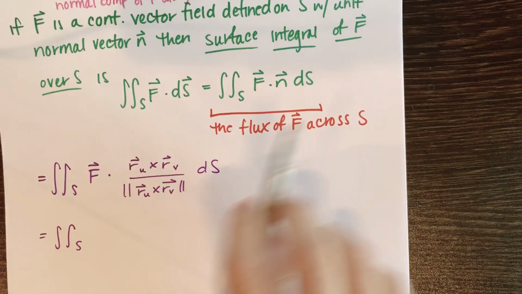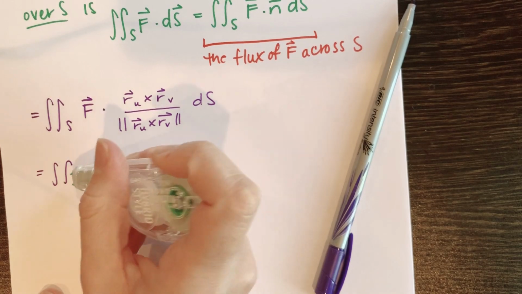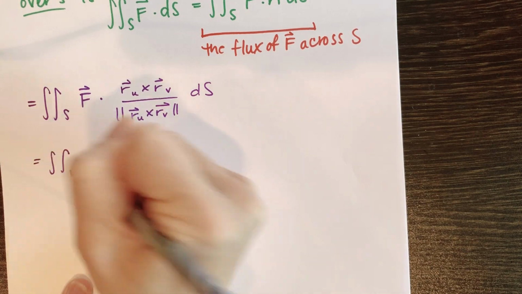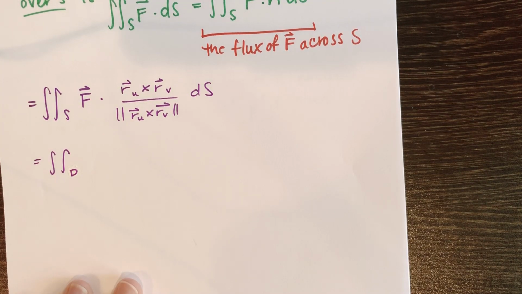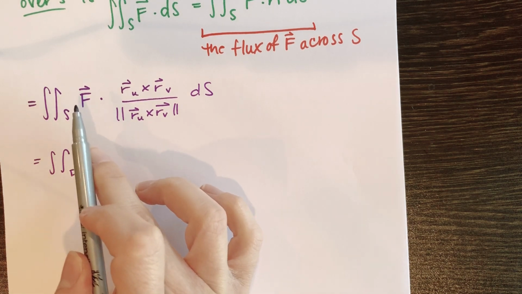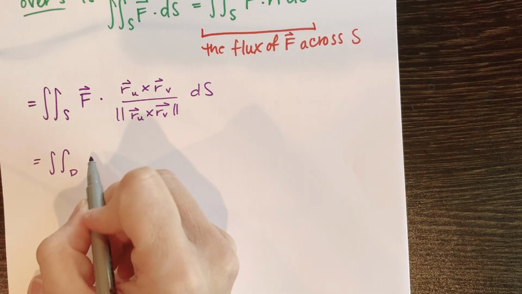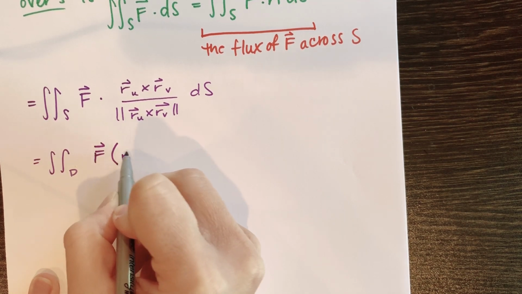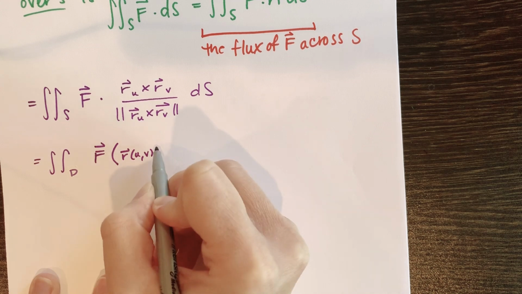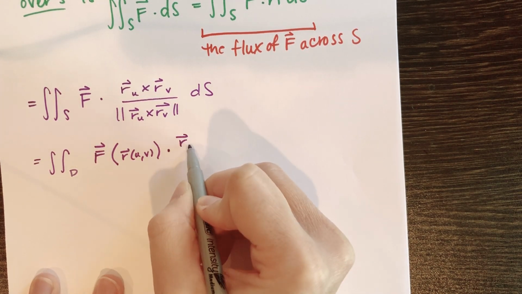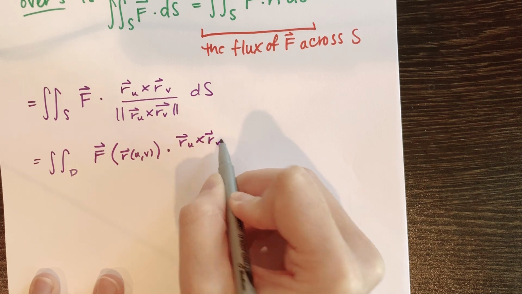Now, when I do that, I should actually replace S with D, because that's what we did before. And I'm really doing the vector field of r. So it's going to look like this: F of r of u, v, dotted with this, the same thing that I had before.